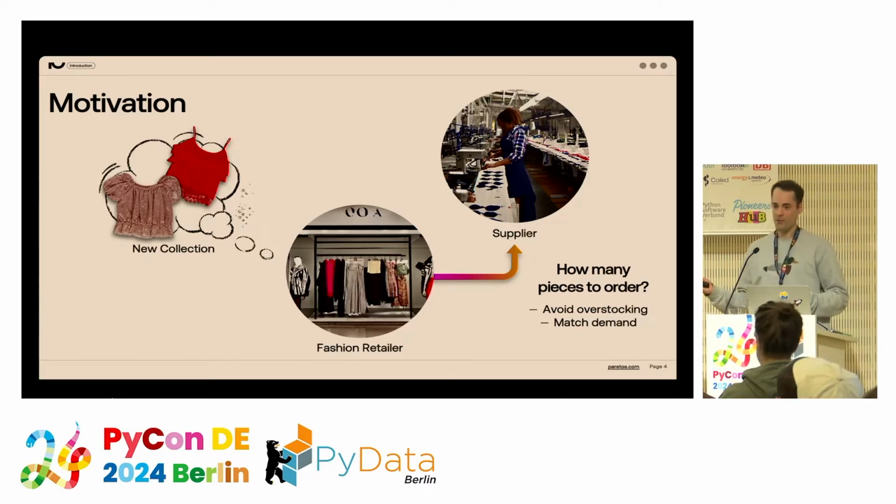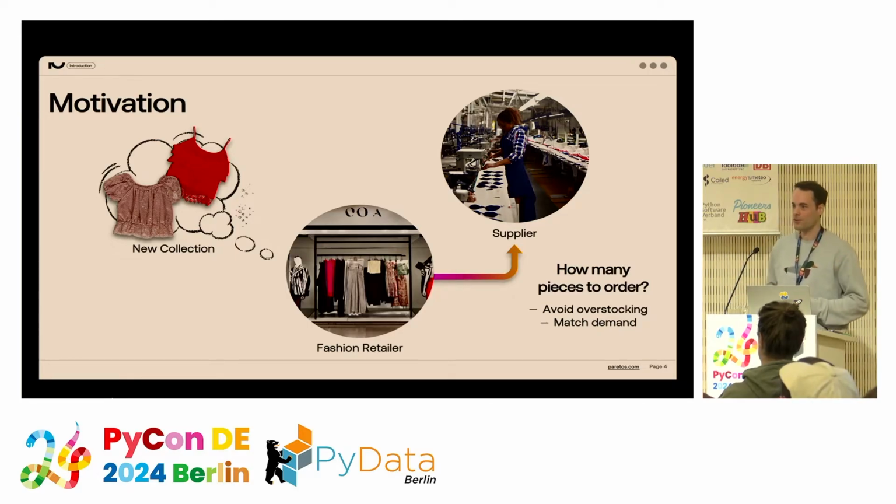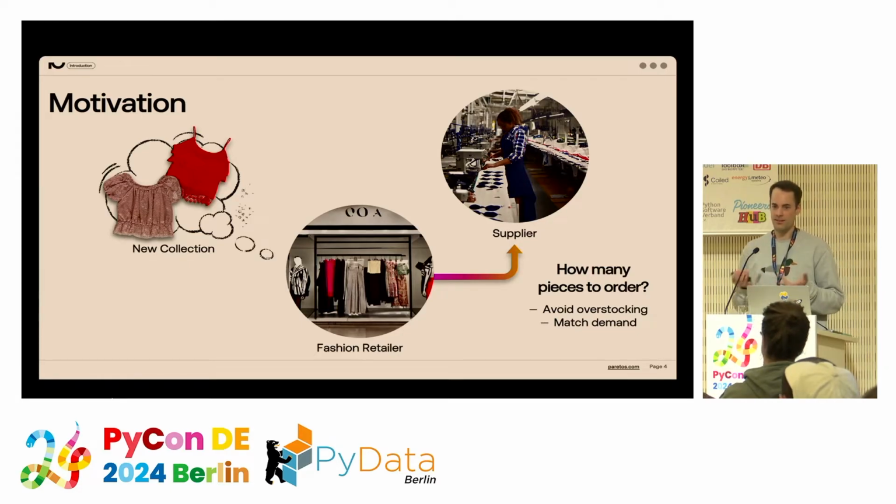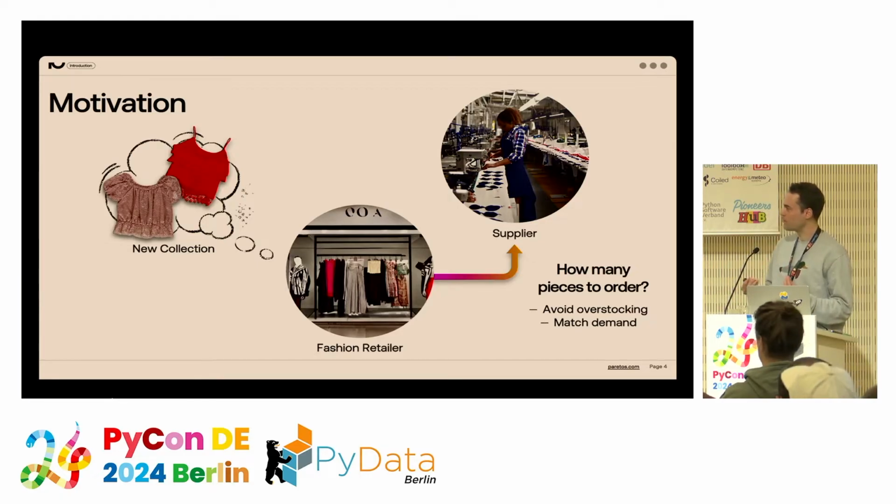On the one hand, I want to order enough to meet the demand that my customers will have. On the other hand, I don't want to order too much, because then I will overstock, and this will induce all sorts of bad consequences like warehouse costs and so on. Somewhere in between, there is a sweet spot. This is a classical use case for decision intelligence, where you have an optimization problem.